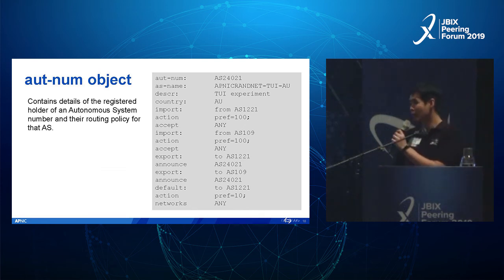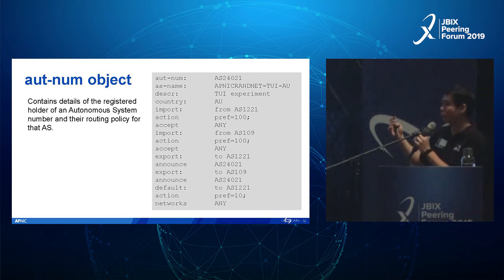And aut-num object, it actually registers your AS number details. So in the aut-num object, it has the first line, it has your AS number.